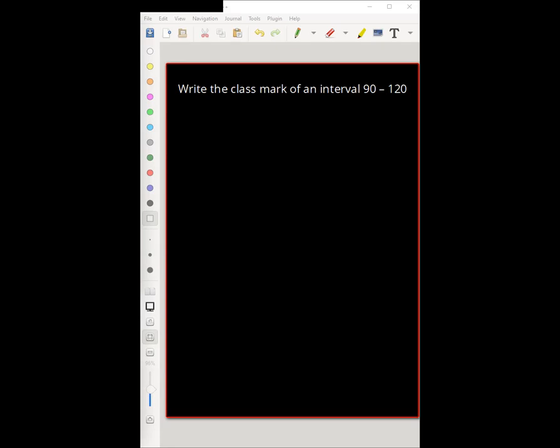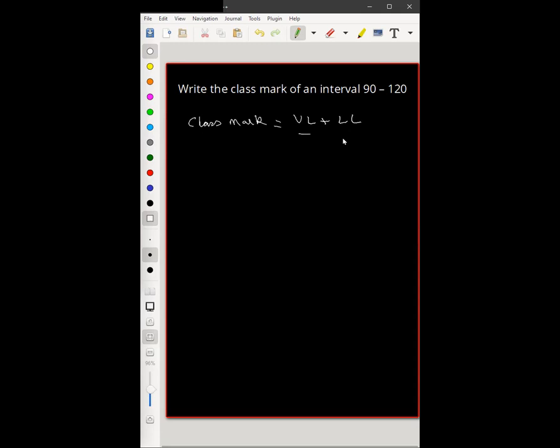Ananya, what is a class mark? What is class mark, Ananya? Upper limit plus lower limit divided by 2. Forgot?